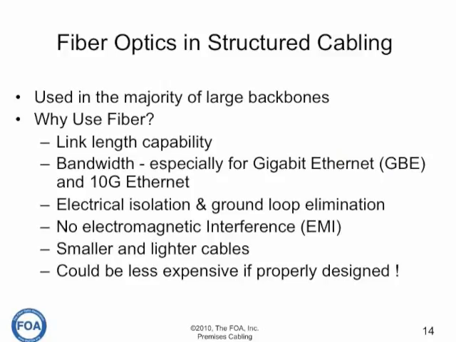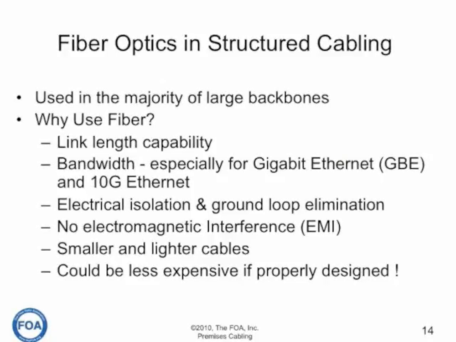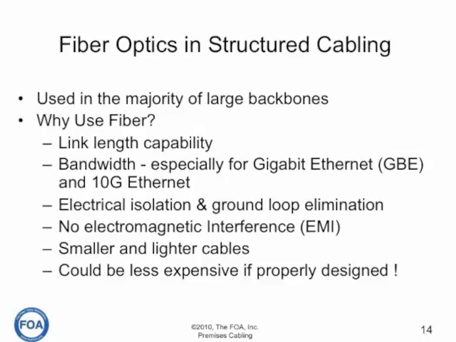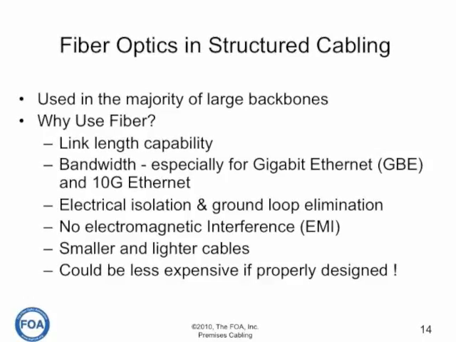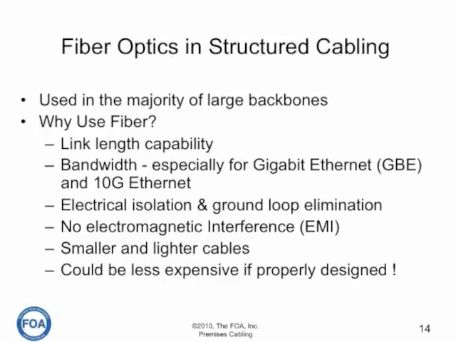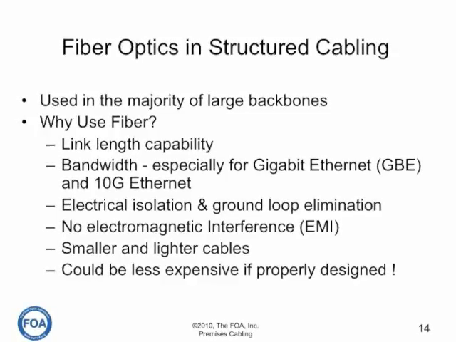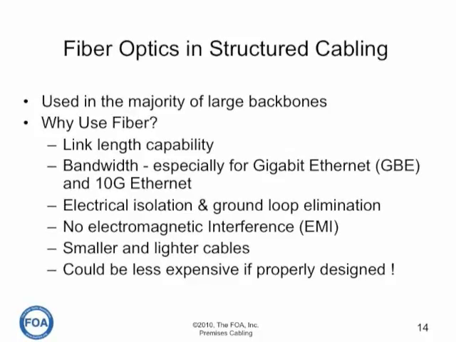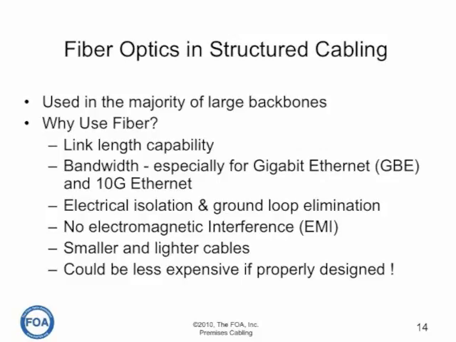Fiber optics is also widely used in premises cabling systems and is included in structured cabling standards. It's used in the majority of large LAN backbones, and it's used in areas like campuses where its longer length capability allows direct links without repeaters.